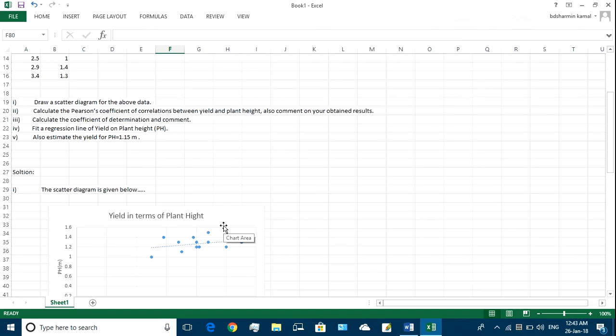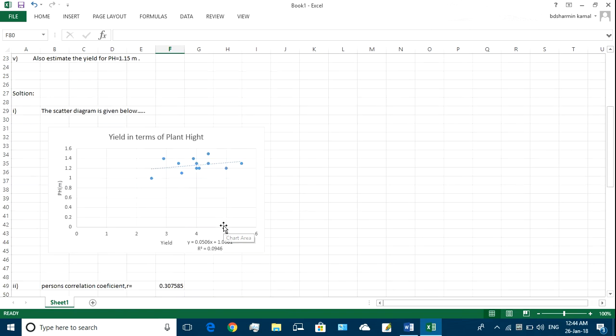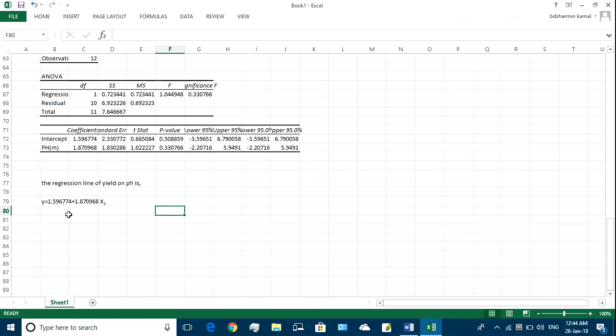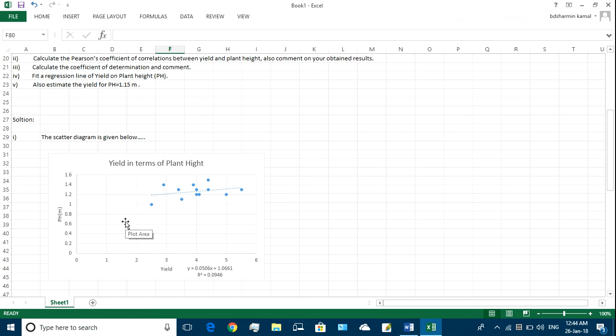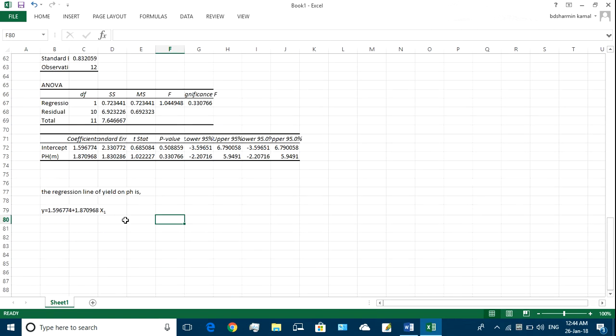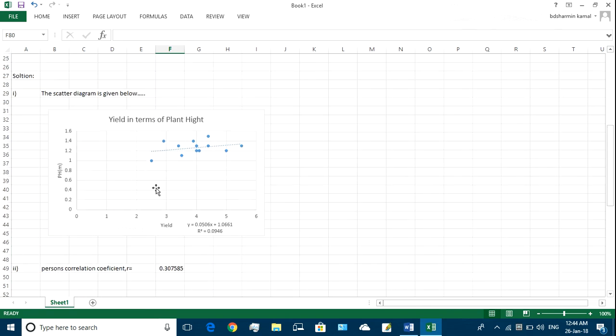You guys must be thinking, how can we represent this equation in the scatter diagram, right? It's very easy. Just interchange those axes. That is, if we express yield in the y-axis and pH, that is plant height, in the x-axis, then we can get this regression line on the scatter diagram, right?